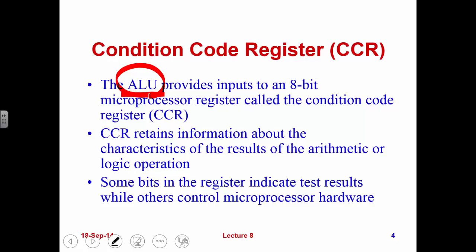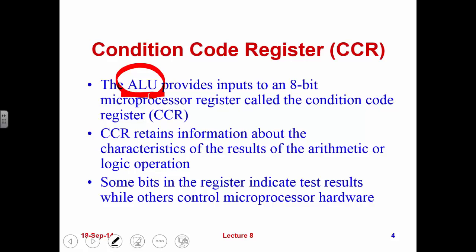I also mentioned that within the CPU, we have 3 main components. They are the control unit, CU, which is the brain of a CPU, which is the brain of a computer. We have the ALU, arithmetic logic unit, and also some internal registers. Those 3 are the main components of a CPU.